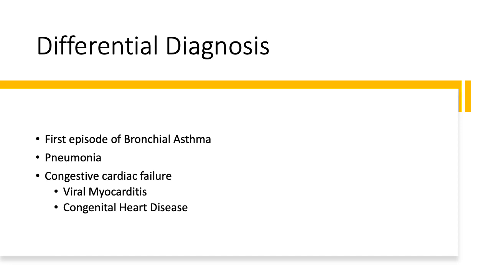There will be a history of atopy in the family or in that infant, and it may not respond to the usual measures of treatment which we take for acute bronchiolitis. So that is how we can differentiate the first episode of bronchial asthma from acute bronchiolitis.